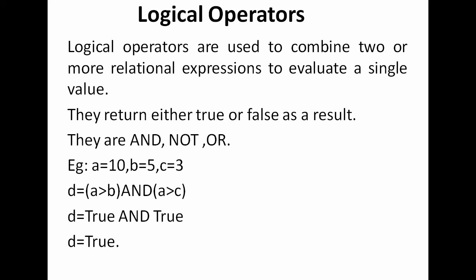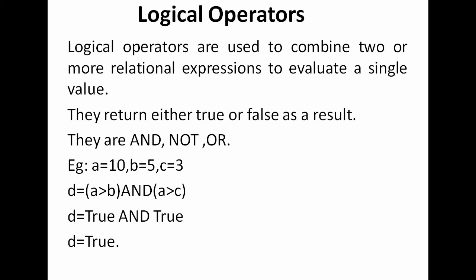The final one is logical operators. See, what logical operators do here is, it means logic. So logical operators are used to combine two or more relational expressions. Relational expressions are combined to evaluate a single value using some logic such as and, not, or.